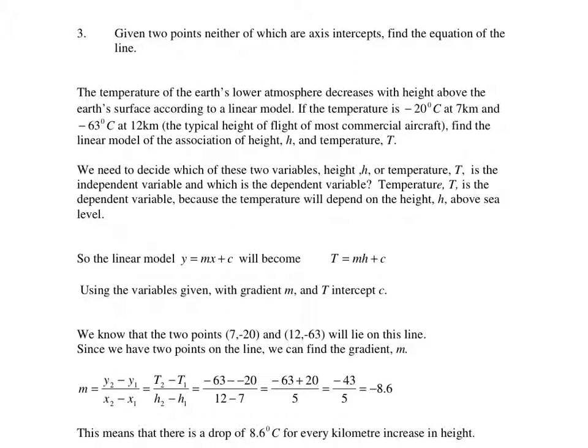So instead of calling the variables x and y, we've called them h and t. Now we need to decide which of the two variables, height h or temperature capital T, is the independent variable, and which is the dependent variable. If you think about it, the temperature is dependent on height above sea level.